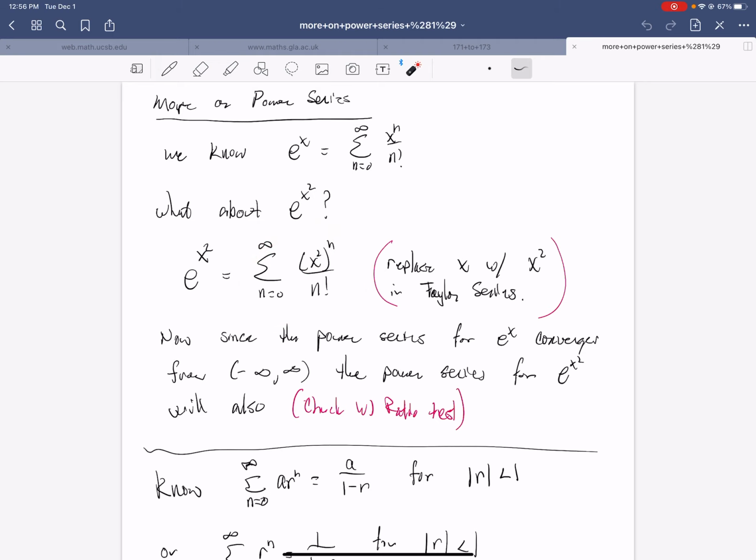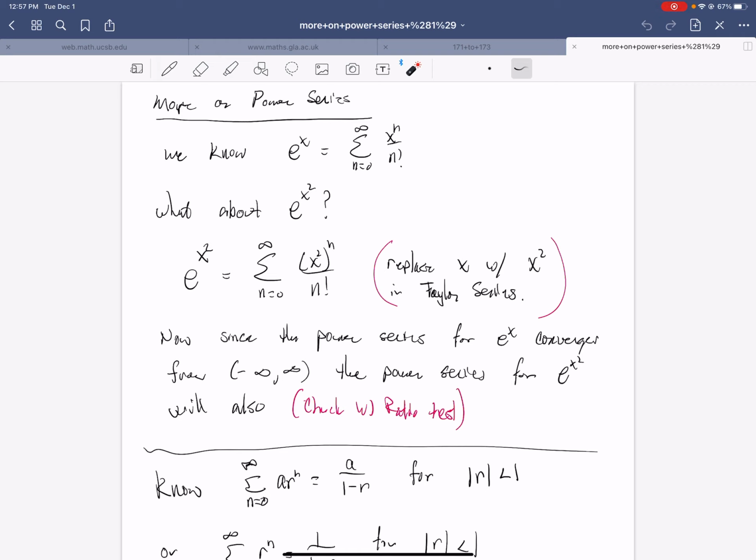And so a power to a power you would multiply, and so it would come out to be n equals 0 to infinity x to the 2n over n factorial. And that you could do the ratio test on and figure out its interval and radius of convergence.